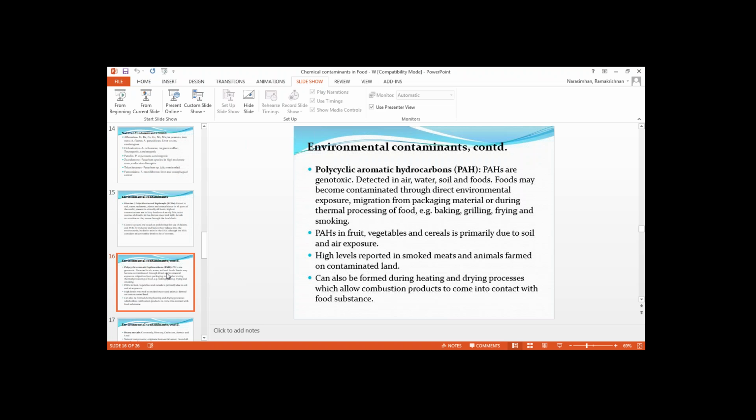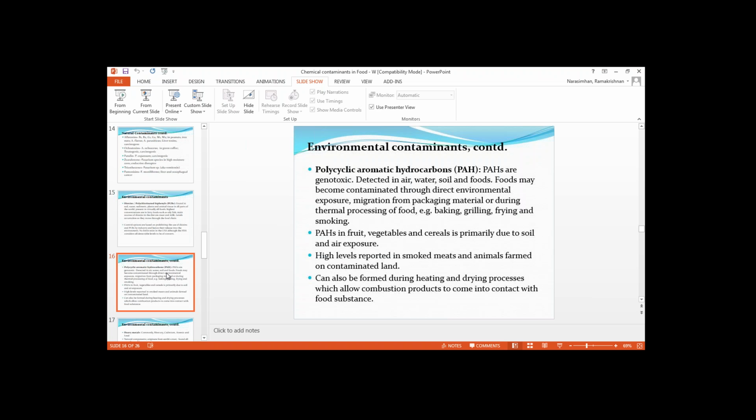Okay? Shellfish can also accumulate polycyclic aromatic hydrocarbons. The other one is direct fire drying and heating processes used in the production of food oils, which can sometimes result in high levels of polycyclic aromatic hydrocarbons.